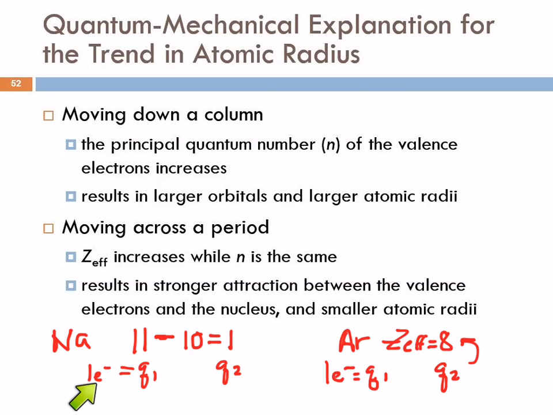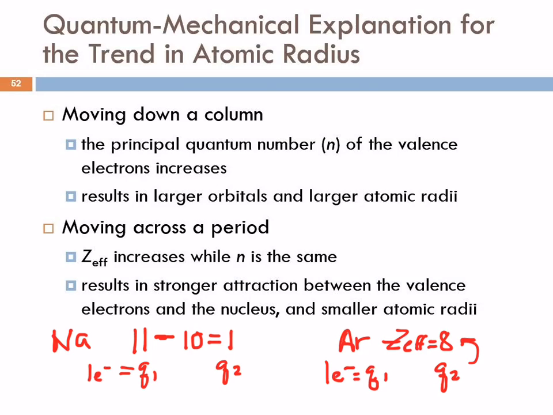Which is more strongly attracted, the 1 electron to the +1 charge or this electron to the +8 charge? The +8, right? Coulomb's law says the attraction is proportional to the charges of those two objects. So this would be 1 times 1. This is 1 times 8. The attraction is 8 times larger.